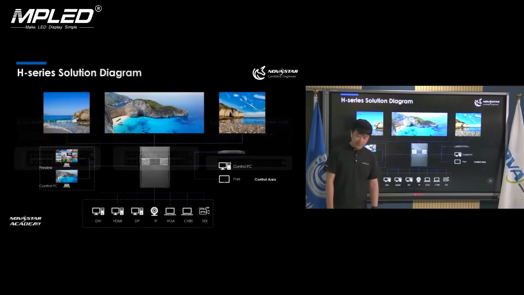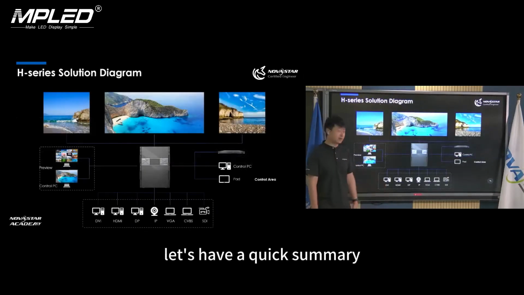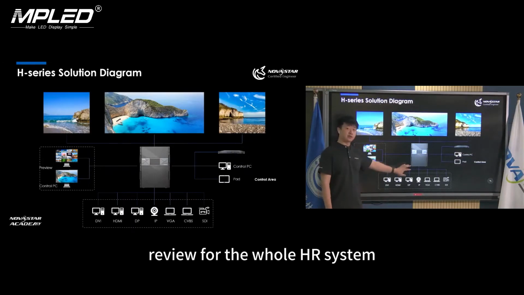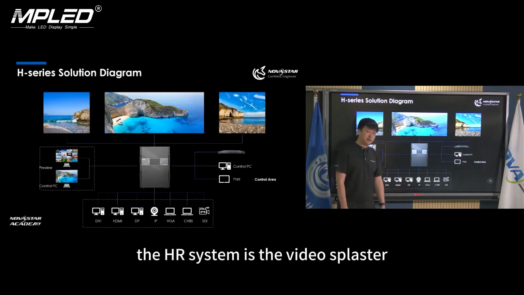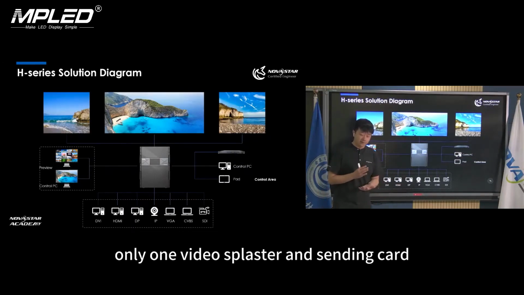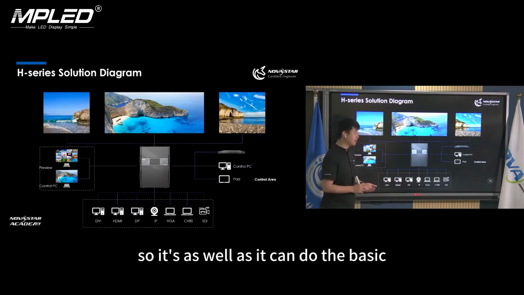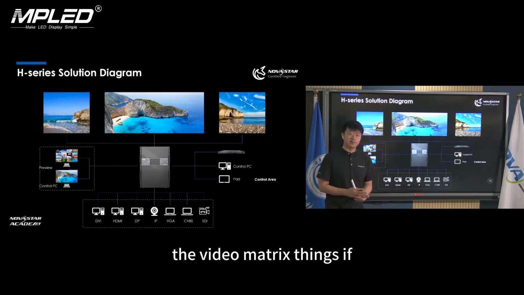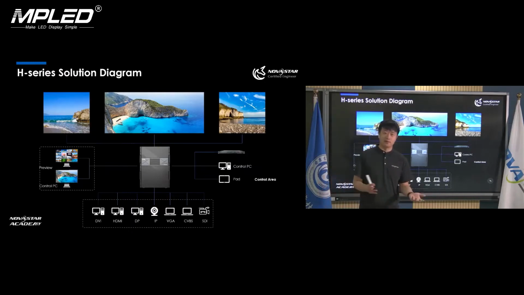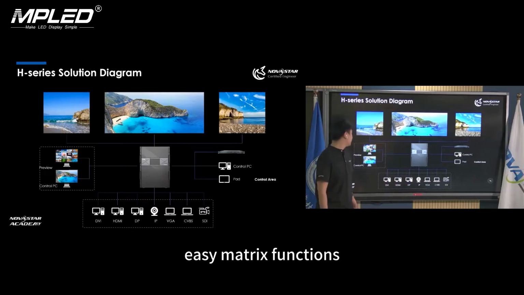Let's have a quick summary review of the whole HDR system. The HDR system is an all-in-one video splicer and sending card. It can also do basic video matrix functions.